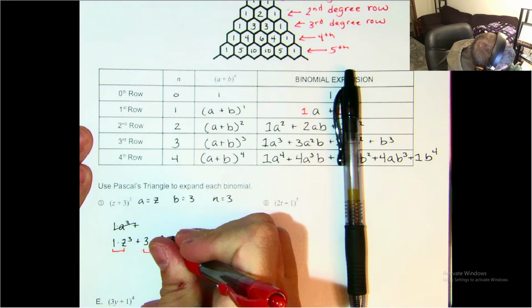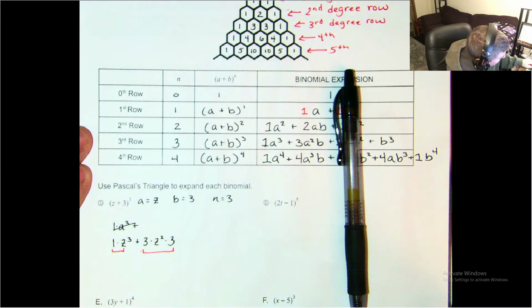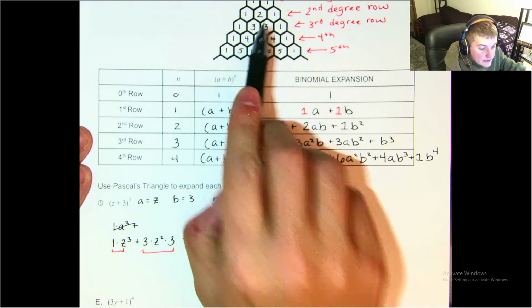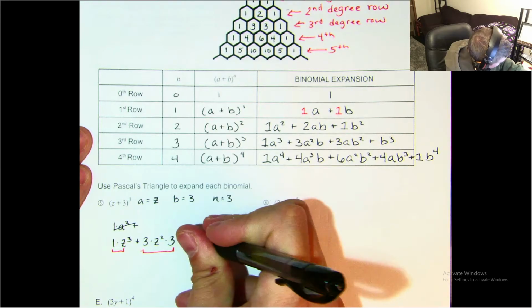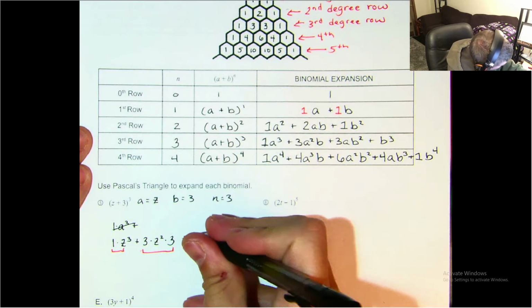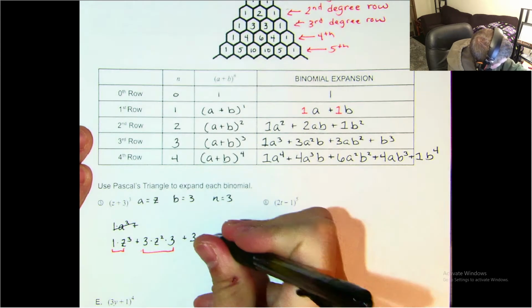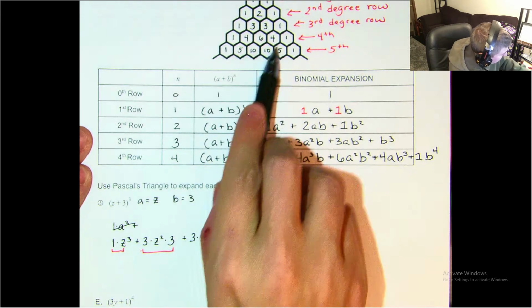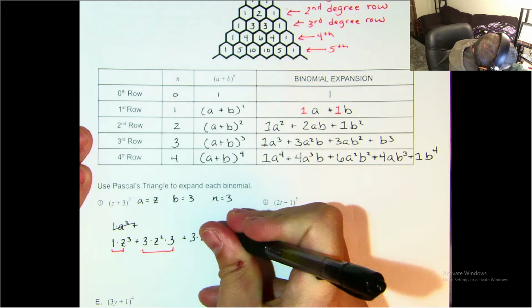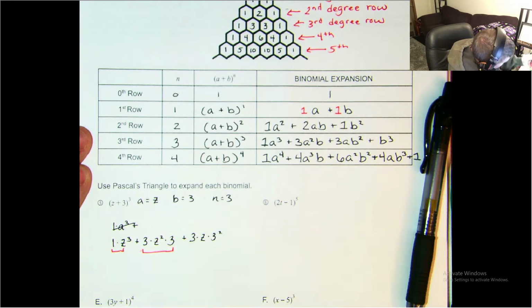This here is my second cell. Let's go ahead and do my third cell. It's going to start with a coefficient of 3. So 3 times z to the 3rd, z to the 2nd, z to the 1st, times b to the 0, b to the 1st, b to the 2nd. This is my third cell.